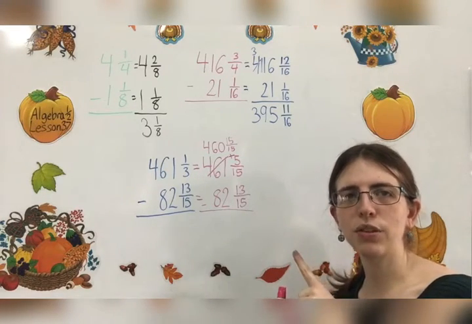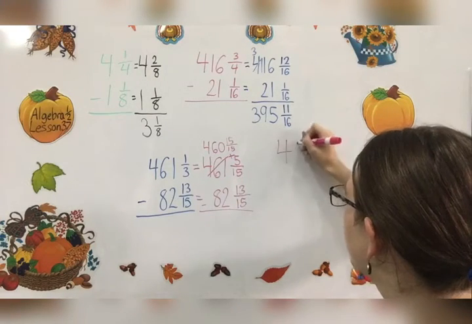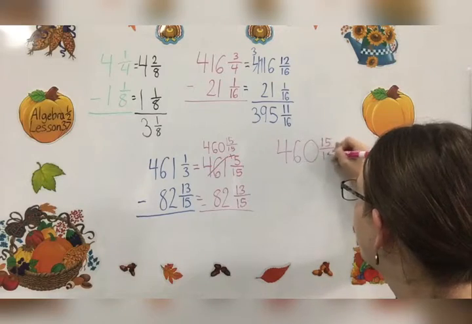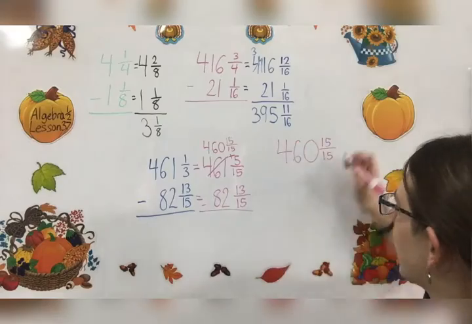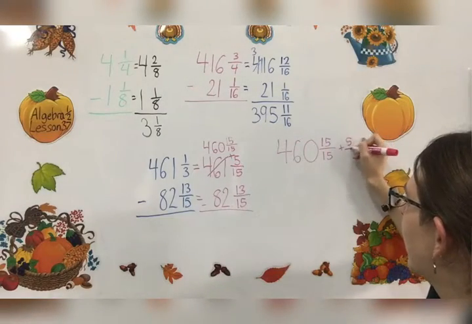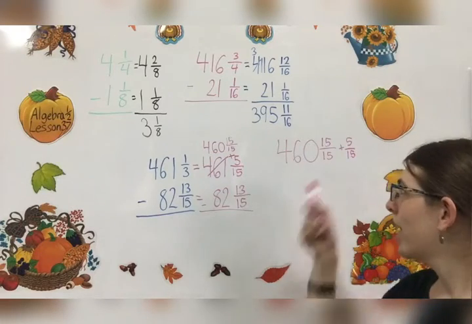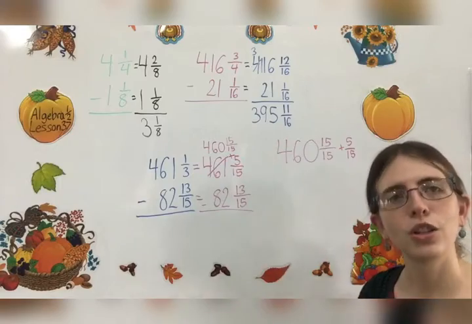Now it might be a little difficult for you to see what I wrote there, so I'm going to write it again a little bit bigger on this side of the board just so you can see it. So I have 460 and 15 fifteenths. I'm going to add that to the 5 fifteenths that I had with my number already. So what is 15 fifteenths plus 5 fifteenths? 20 fifteenths.